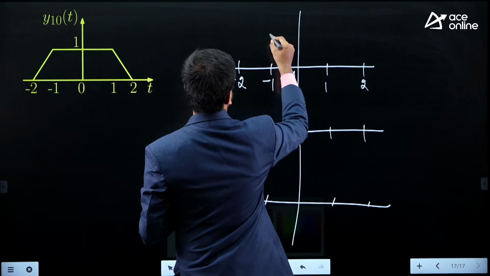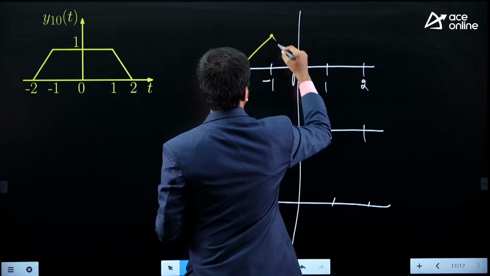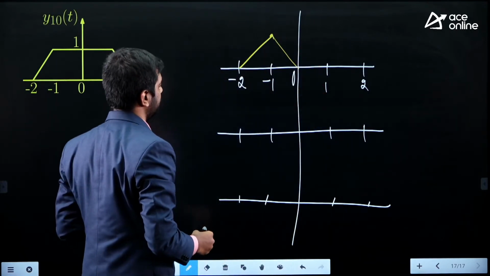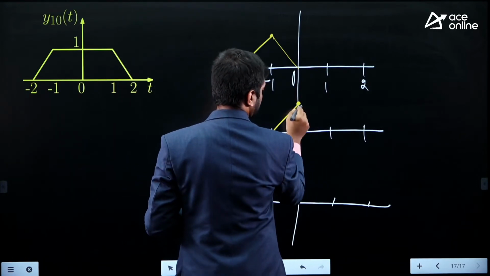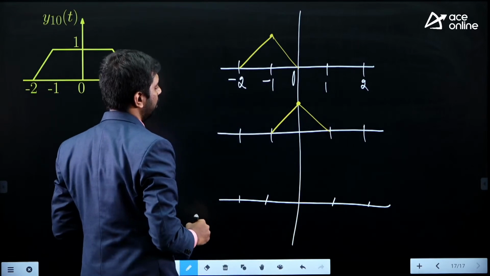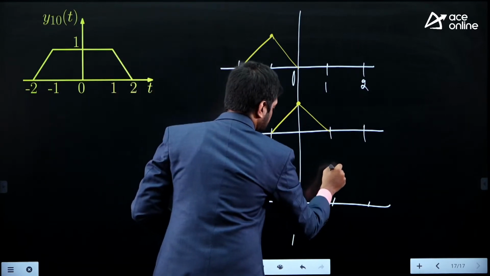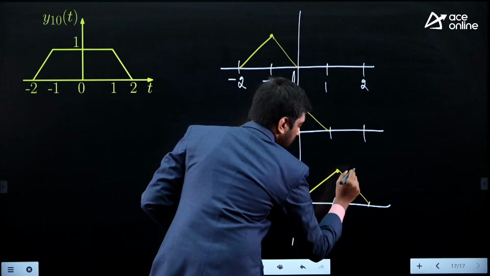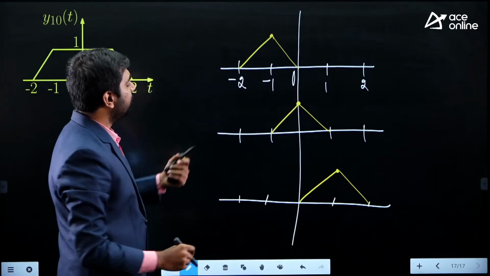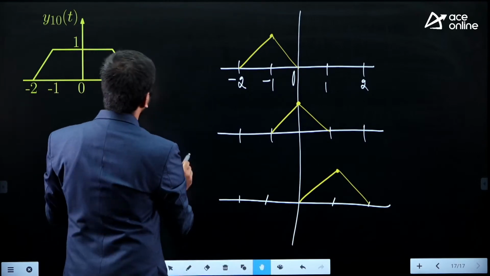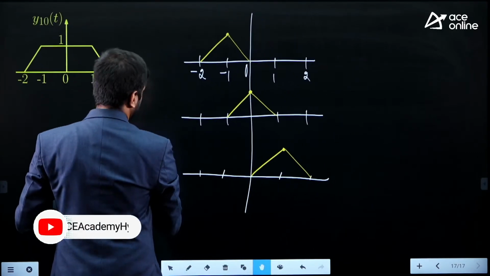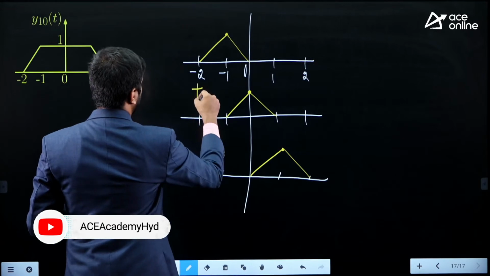Check this. This is the first triangular pulse. Let me add a few more. This is the other triangular pulse. If you add this, what happens? So let's check this. Adding this, will it really give this? So I'm trying to add.